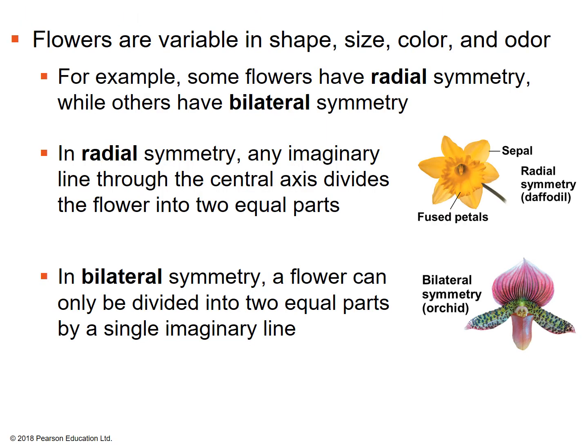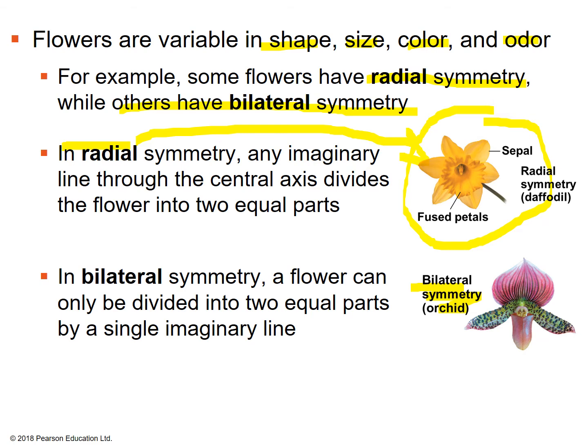Flowers are variable in shape, size, color, and odor. For example, some flowers have radial symmetry, while others have bilateral symmetry. In radial symmetry, any imaginary line through the central axis divides the flower into two equal parts.